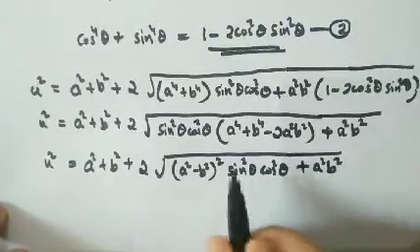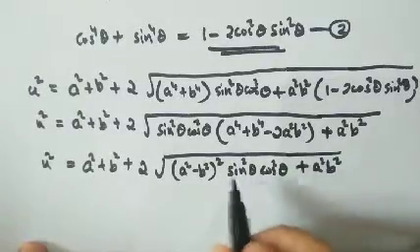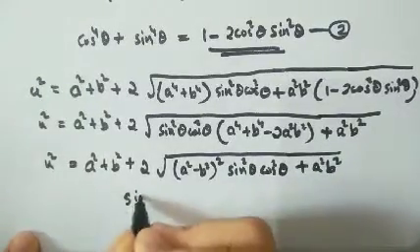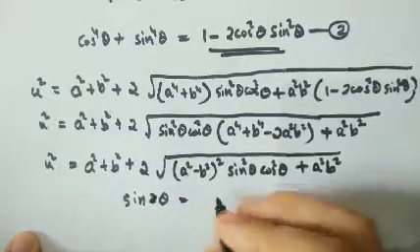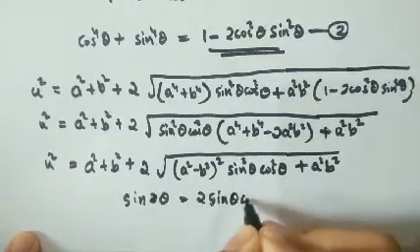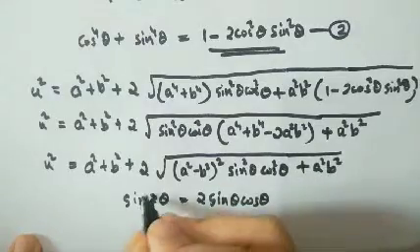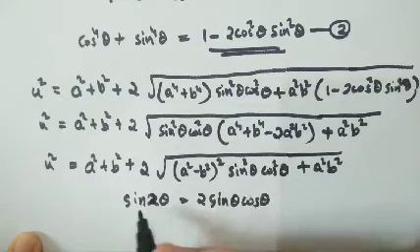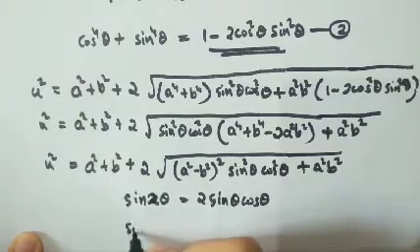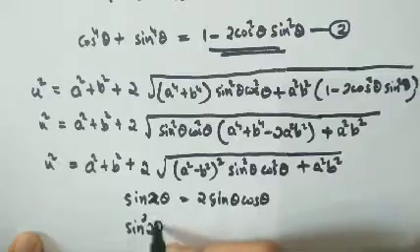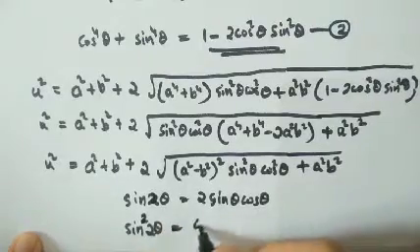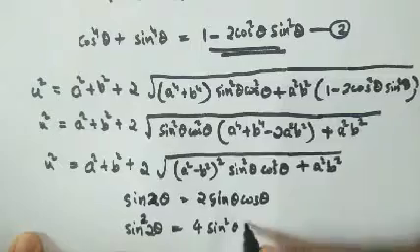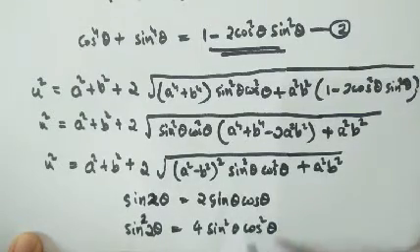Now we have to check how sin theta cos theta, this term can be simplified. We know that sin 2 theta is 2 sin theta cos theta. If this is sin 2 theta, and I have to get sin square theta cos square theta, I will square this. So what I will get is sin square 2 theta equal to 4 sin square theta cos square theta. From here I am getting sin square theta cos square theta as sin square 2 theta divided by 4.